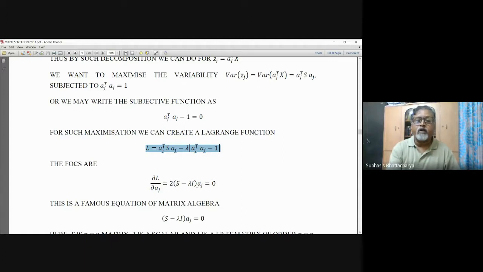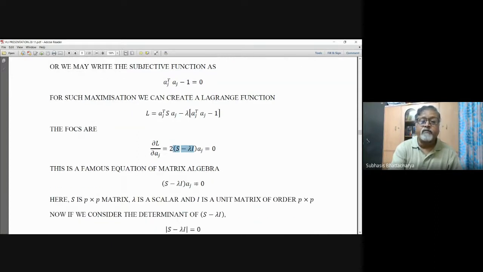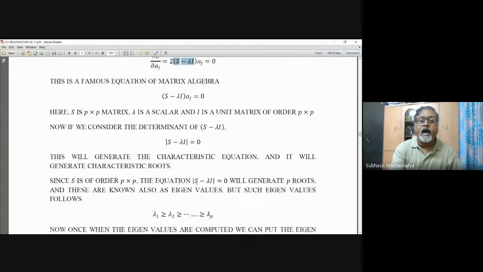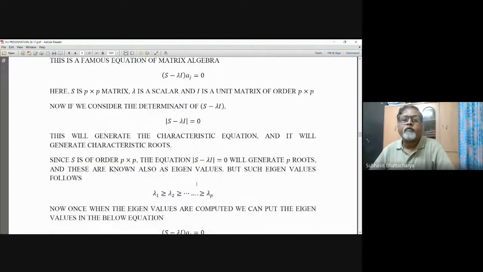If I take 2 common, ultimately the main thing upon which PCA depends is S minus lambda I times A. S is the variance covariance matrix, lambda is the Lagrange multiplier, and I is the identity matrix. This is the famous formula of matrix algebra upon which everything depends.